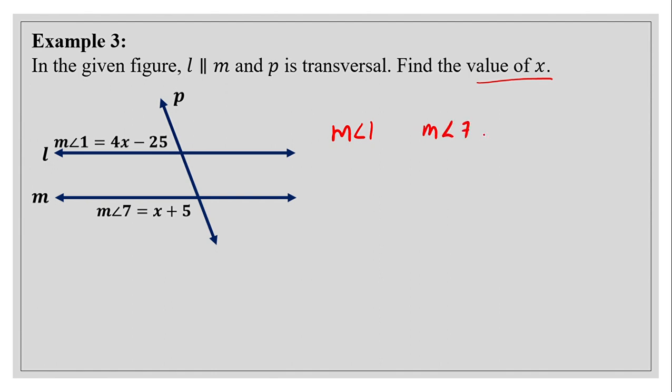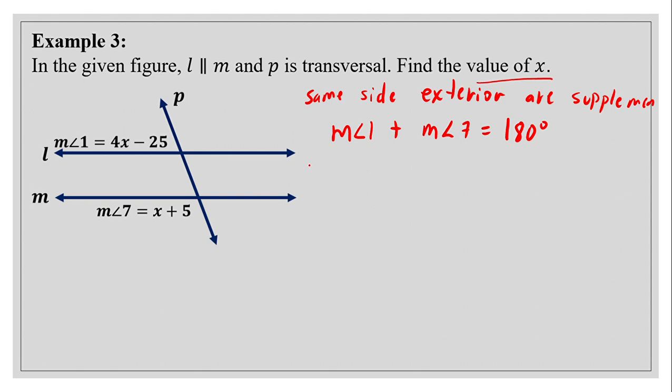Measure of angle 1 and angle 7 are the same side exterior angles. In this theorem, the same side exterior angles are supplementary. So when we say supplementary, if you add the measurement of angle 1 plus measurement of angle 7, that is equal to 180 degrees.